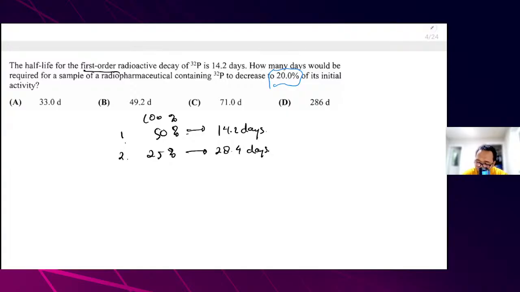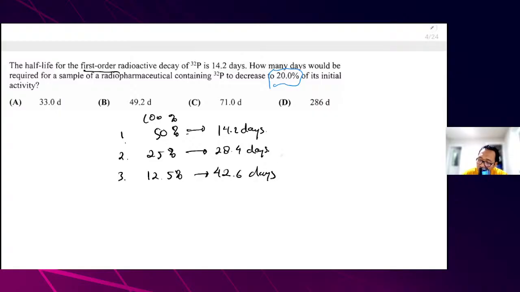Then halving again, 12.5 percent, needs 42.6 days.